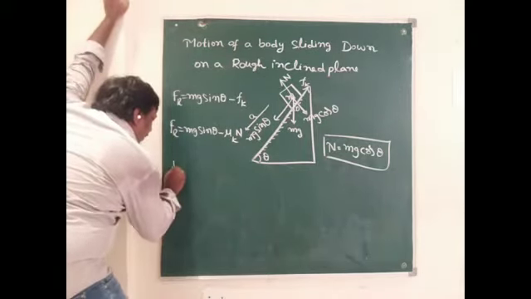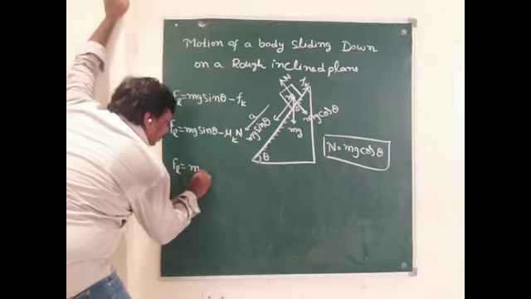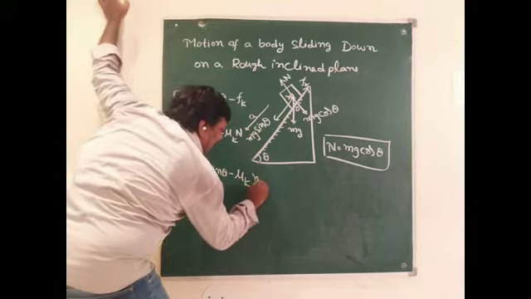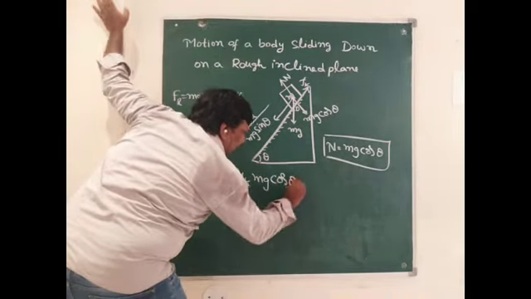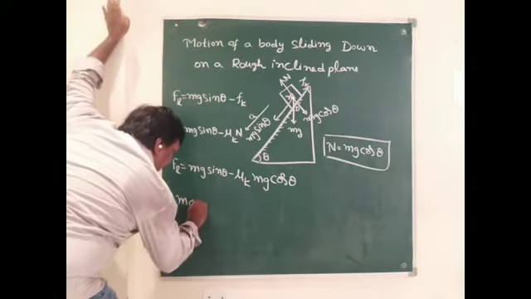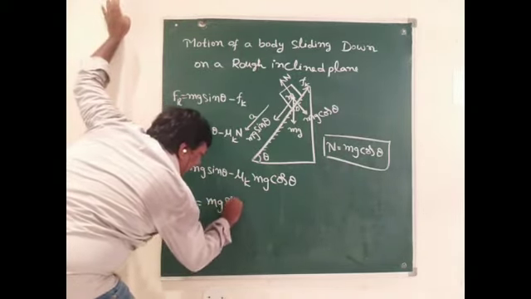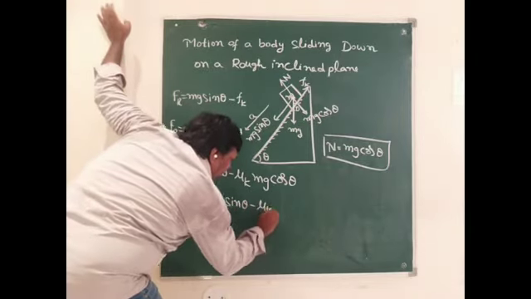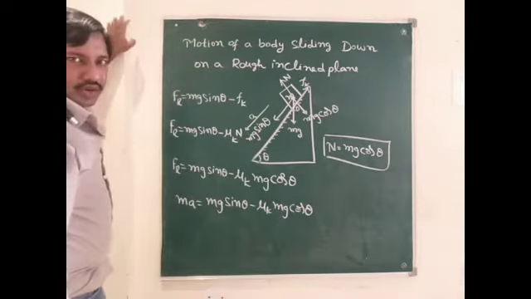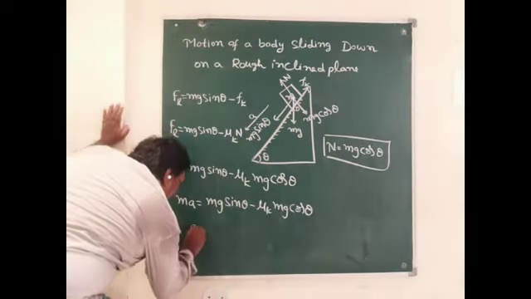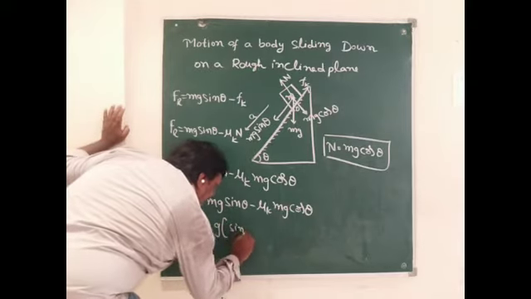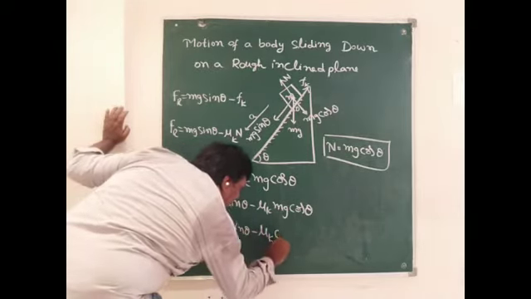So Fr equal to mg sin theta minus mu k mg cos theta. According to Newton's second law, Fr equal to ma equal to mg sin theta minus mu k mg cos theta. So therefore the acceleration of the block equal to g into sin theta minus mu k cos theta.